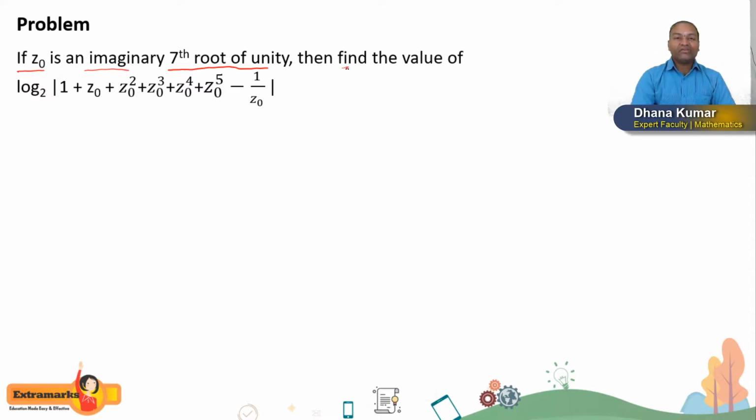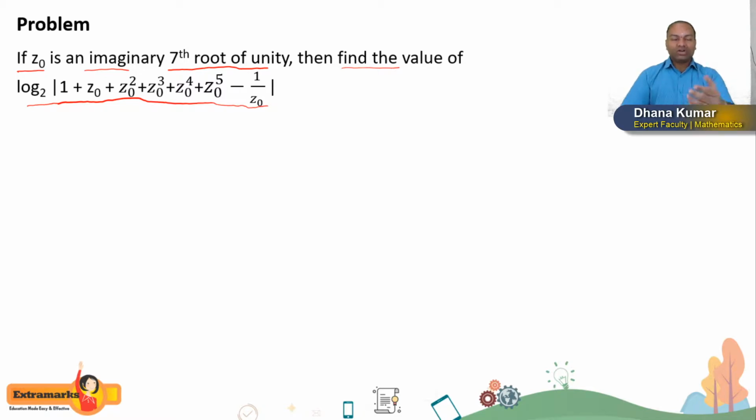Then find the value of log to the base 2 of the modulus of 1 plus Z0 plus Z0 square plus Z0 cube plus Z0 power 4 plus Z0 power 5 minus 1 by Z0. So what are the conditions here? First point is the given condition: Z0 is an imaginary seventh root of unity.